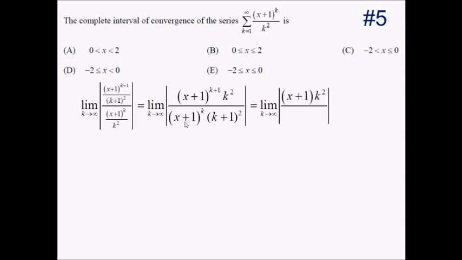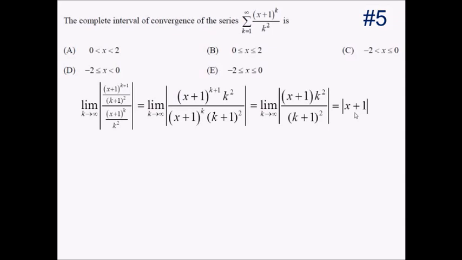Denominator, this whole x plus 1 to the k got canceled out, so we just have k plus 1 squared. And now, as k approaches infinity, I can ignore this plus 1 next to the k in the denominator. So I've got a k squared down here, a k squared up here. Those can cancel, leaving me with just x plus 1 inside my absolute value.